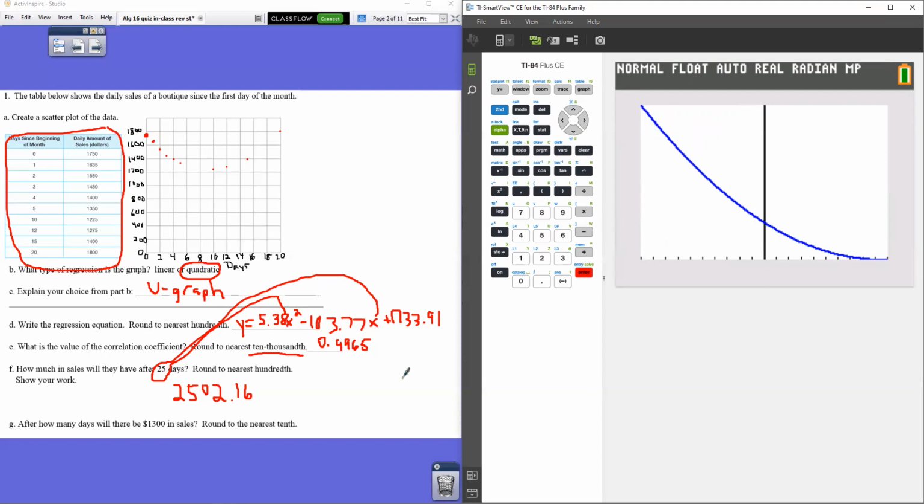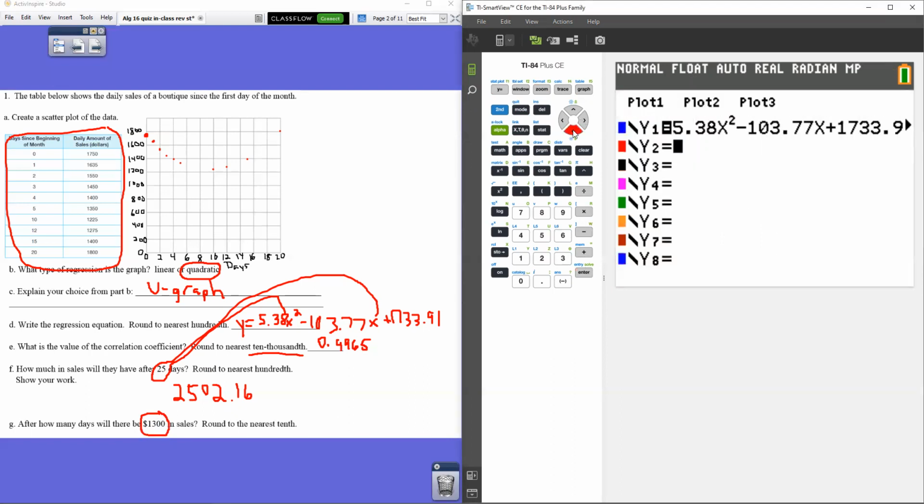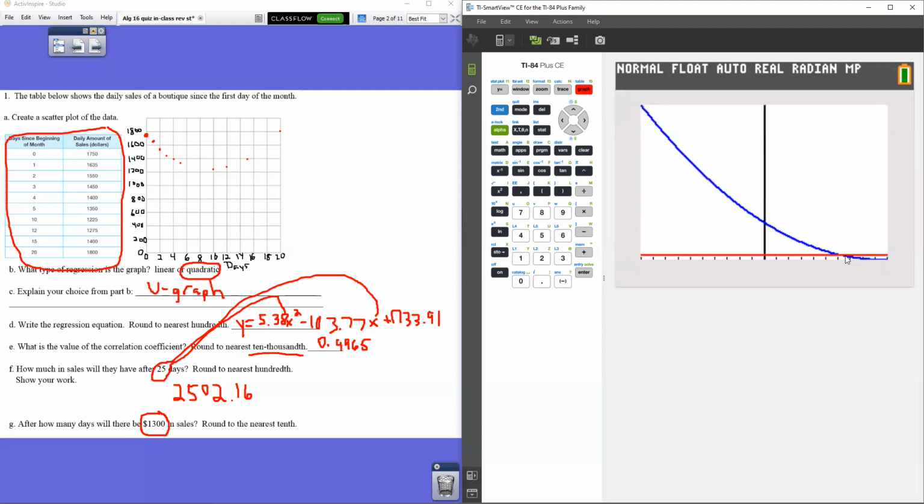All right. So we need to know where 1300 is. So we have to go back to y equals, go down and type in a second equation. We want to know when y equals 1300, because we're actually subbing in a 1300 for the y. Now, when we graph it, you can see that there's an intersection point at y equals 1300, but I need to know what that x value is.